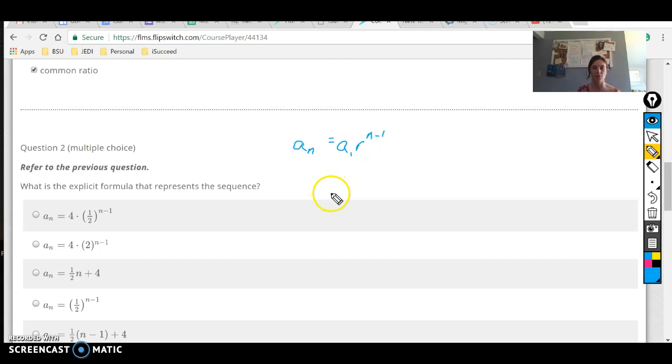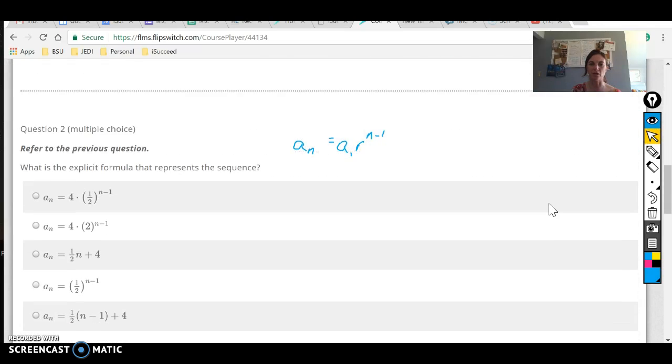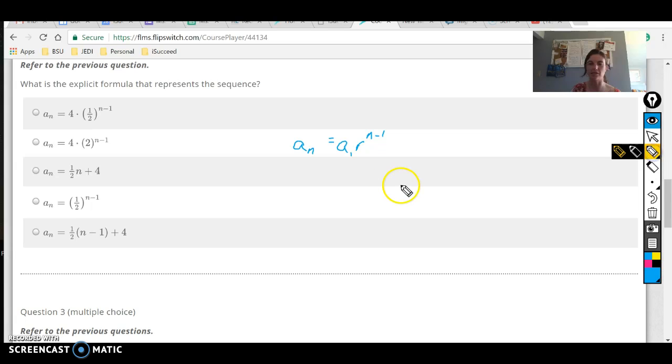Okay, so our first term, if we scroll back up real quick, we can see was 4. So if we plug back in here, we'll find that a sub n equals 4, and our common ratio we decided was 1/2, because that's what we could multiply each term by to get to the next term, to the n minus 1 power. Okay, so it looks like our first option is going to be the one that works for us here.